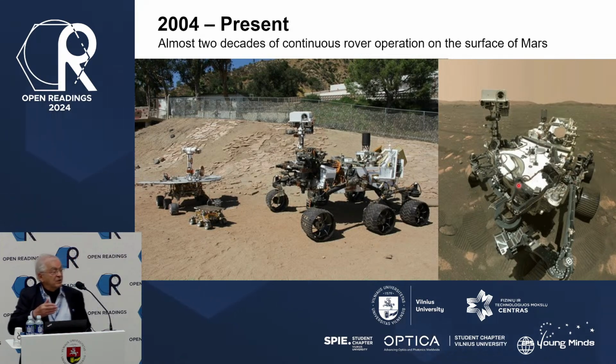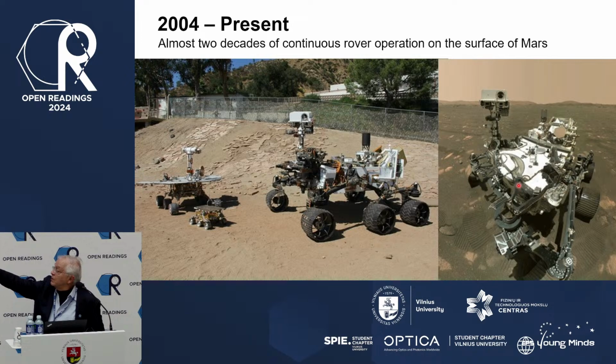We usually tell them what we want them to do for the next few days, and then they figure out how to do it, driving around, avoiding obstacles. If it gets stuck in the sand on Mars, it has to figure out by itself how to get out. If it cannot figure it out, it stops and says, what do I do now? And then waits until we tell it what to do.